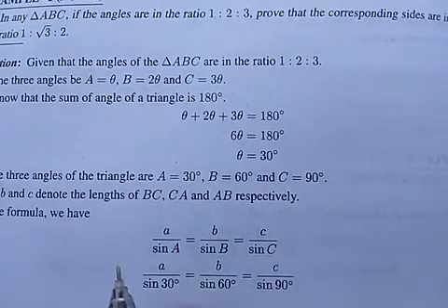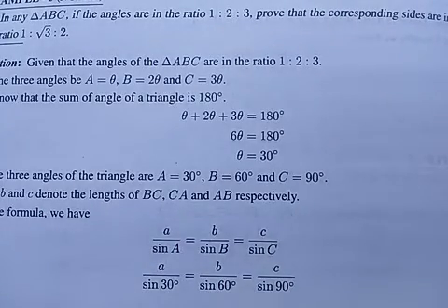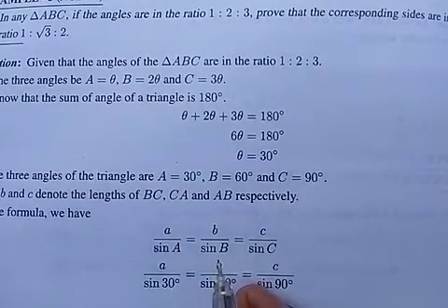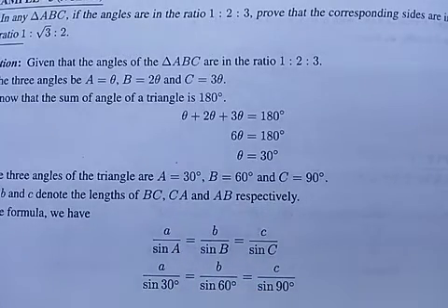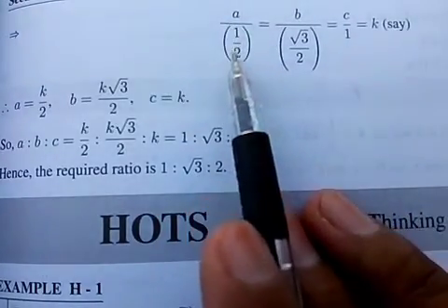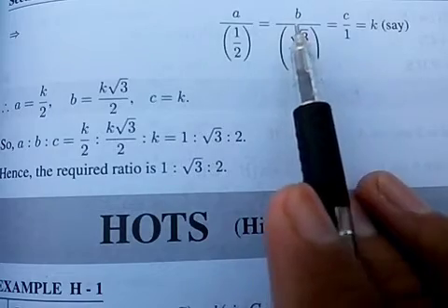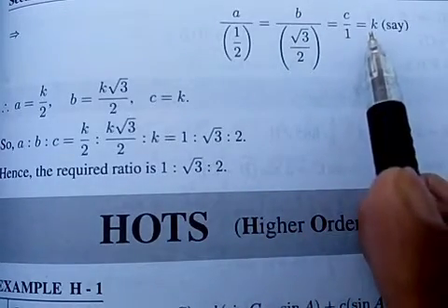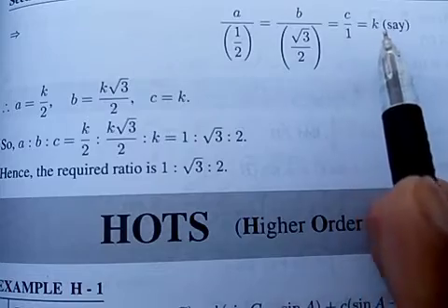Applying the sine formula, we can find all values a, b, c. a upon sin 30, b upon sin 60, c upon sin 90. Sin 30 equal to 1 by 2, sin 60 equal to root 3 by 2, sin 90 equal to 1. We can assume that all values equal to k.